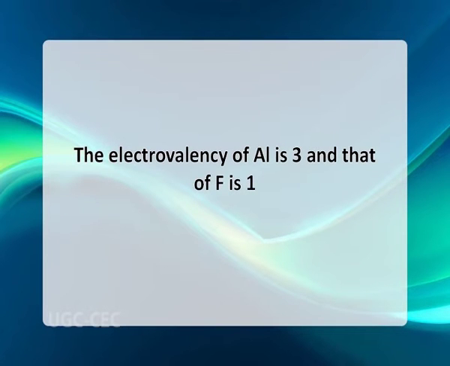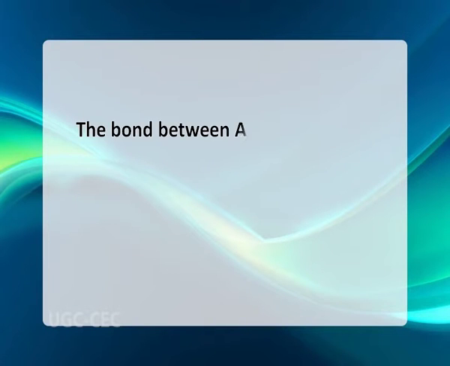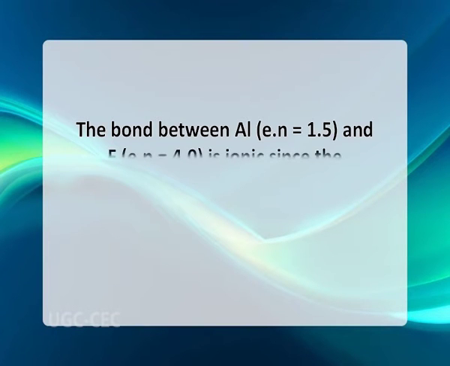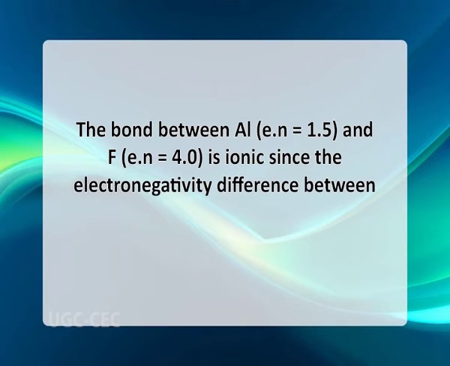The electrovalency of aluminum is 3 and that of fluorine is 1. The bond between aluminum with an electronegativity of 1.5 and fluorine with an electronegativity of 4 is ionic, since the electronegativity difference between them is 2.5, which is higher than 1.7.